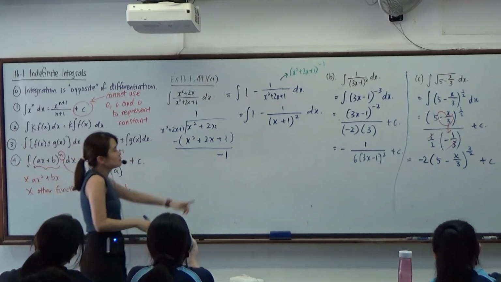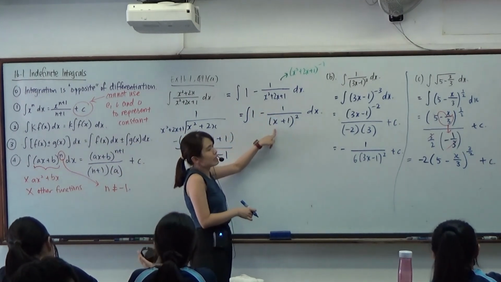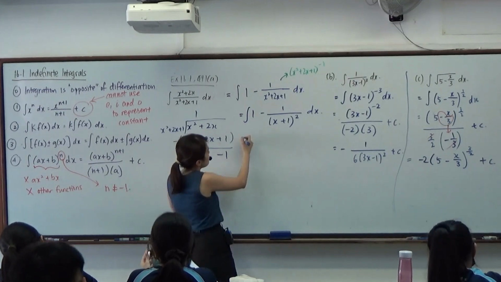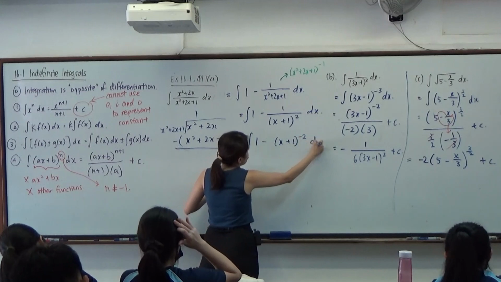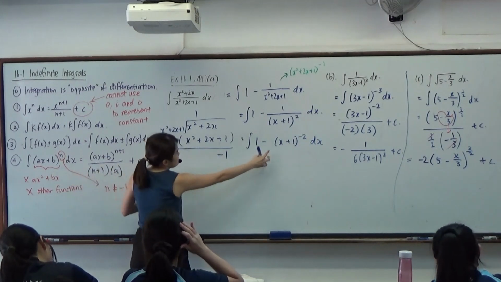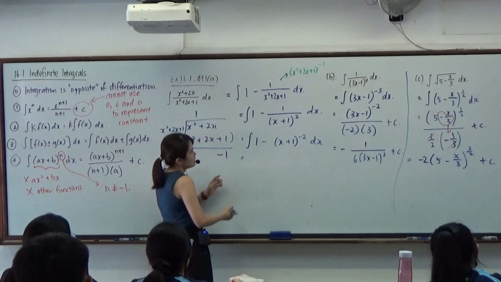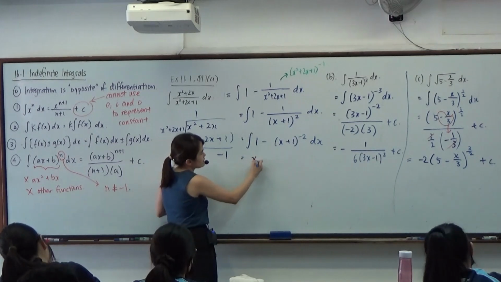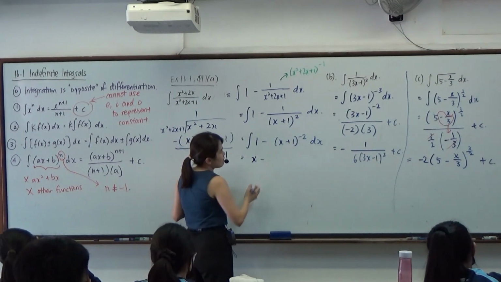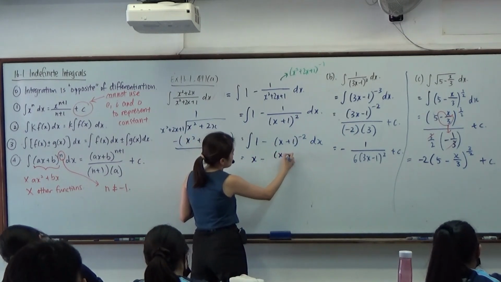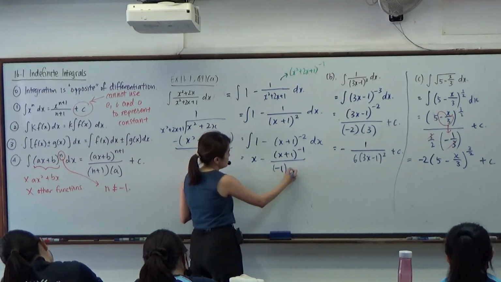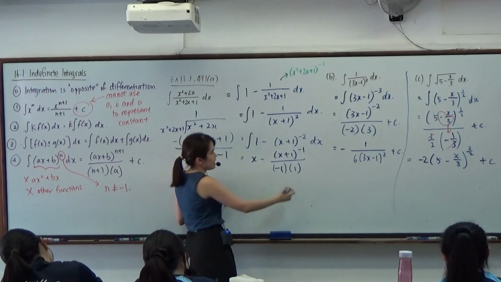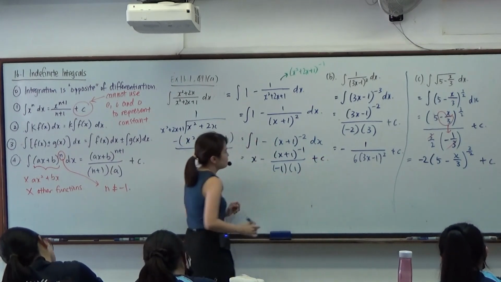So x squared plus 2x plus 1 can be factorized into x plus 1 squared, which then allows us to use our rules. Since inside now is linear, the integration of x plus 1 to the power negative 2 will then be power plus 1 divided by power divided by coefficient of x, which is 1, followed by plus c.